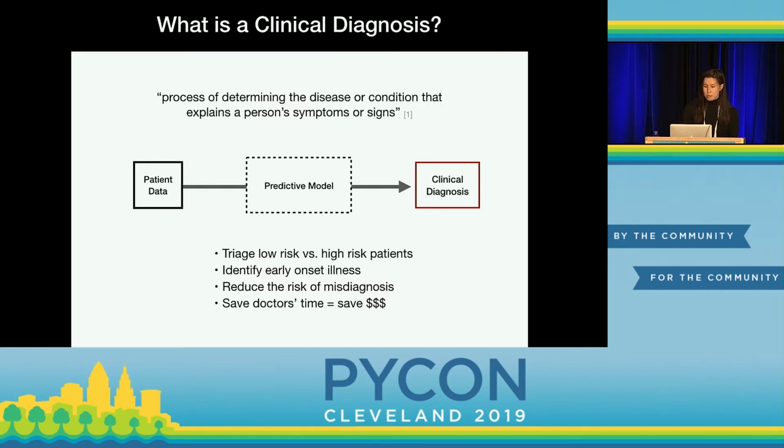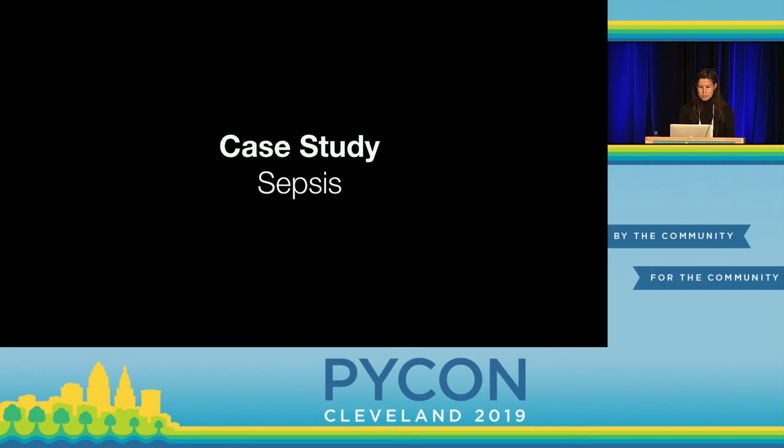So diagnostic models can save time and money, allowing doctors to see and treat more patients on the job. In this talk, we're going to be building our own clinical diagnostic model. And we'll use sepsis as our case study because it's an extremely expensive and deadly condition that can actually be treated with a good prognosis if identified early on.